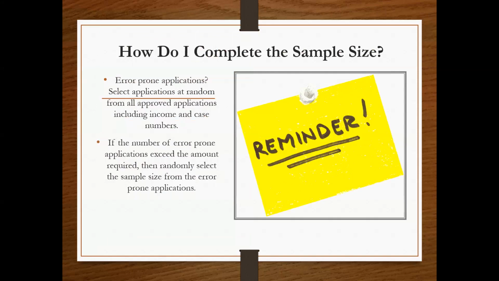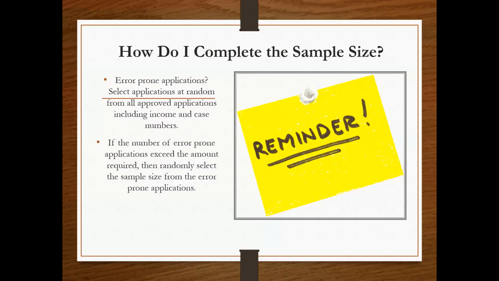So we just talked about this, but just as a reminder, how do you complete the sample size? For sample sizes based on error-prone applications, there may not be enough applications that meet that criteria. When this happens, the SFA must select at random additional approved applications to complete the required sample size.